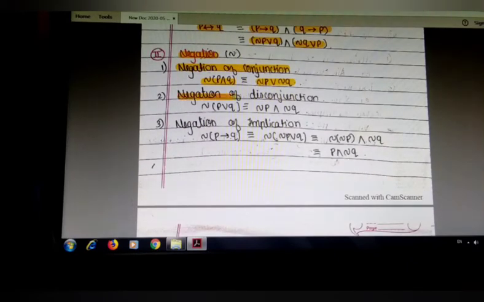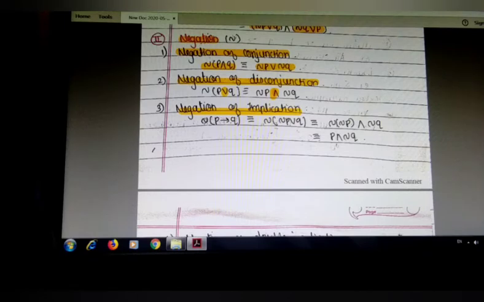Next, negation of disjunction, means OR will become AND. See, by applying negation, the sign and the statement are also changed, it will become in negative form. So here negation of P or Q will become negation of P and negation of Q. Next, negation of implication.